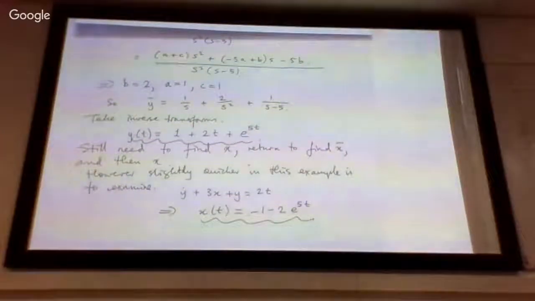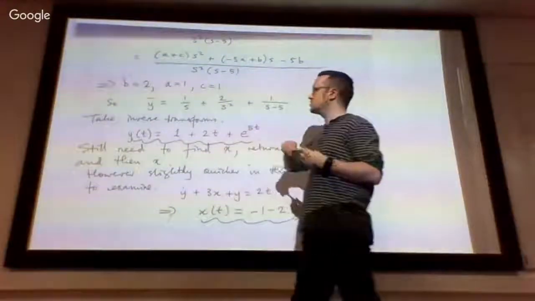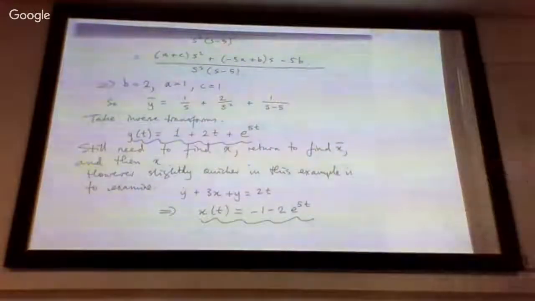Again, you see no essential modifications to the solution method are needed to deal with coupled ODEs. Just exactly the same principles, applied one after the other. Eliminate one of the variables, very familiar principle to you for solving systems of equations. Find the solution to the transformed functions, take the inverse transform, and you get that original function of t.